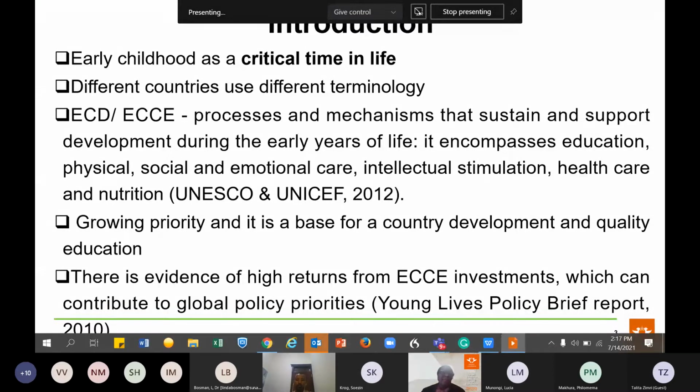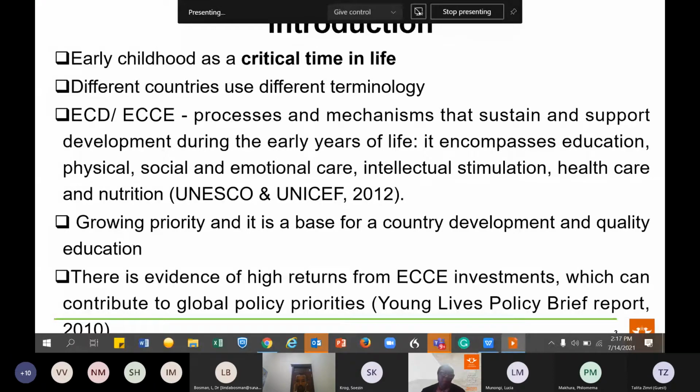In different countries, different terms are used to refer to early childhood development. Whilst in the South African context, we use the term early childhood development. For instance, in countries like Finland, the term early childhood education and care is used. In Canada, early childhood education is used.